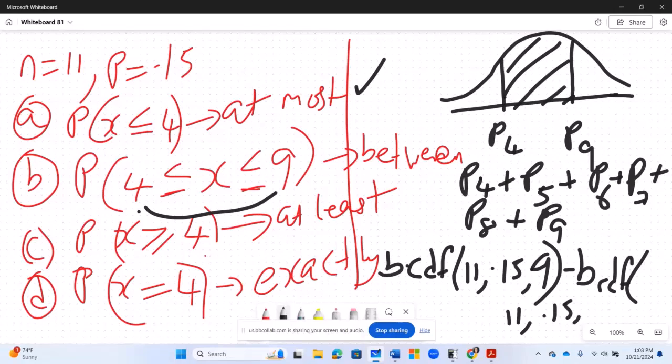I am subtracting a number lower than 4, because if I subtract 4, I change the question. So I'm going to subtract the random variable 3. I will get my calculator and do just that.